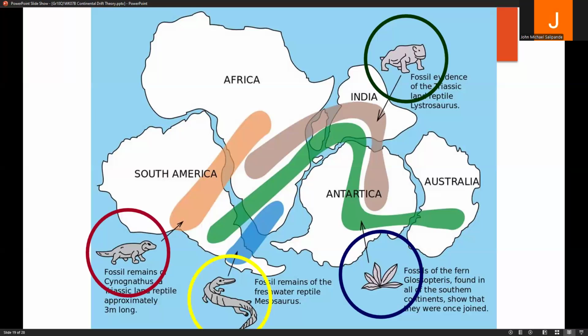Cynognathus's remains were found at South America and Africa only. For Mesosaurus, also at South America and Africa. On Lystrosaurus, we have Africa, India, and Antarctica. And the Glossopteris fern is very diverse because it was found on South America, Africa, India, Antarctica, and Australia.